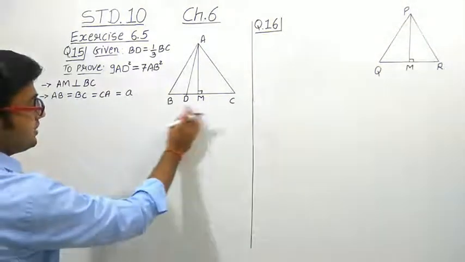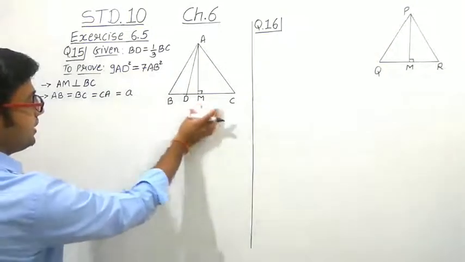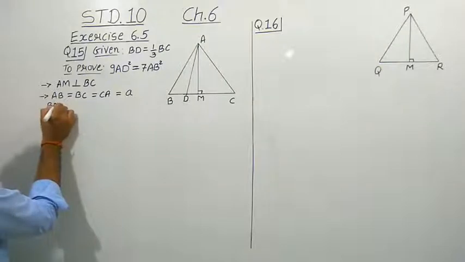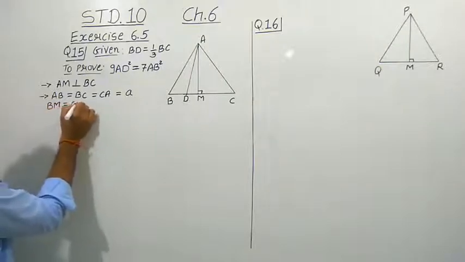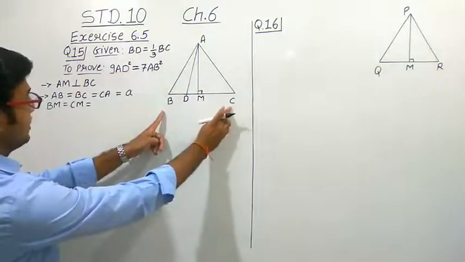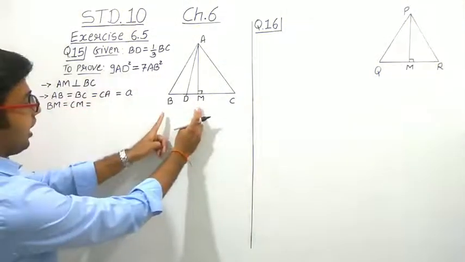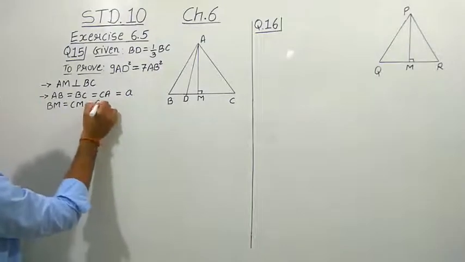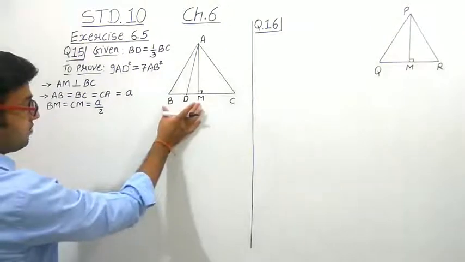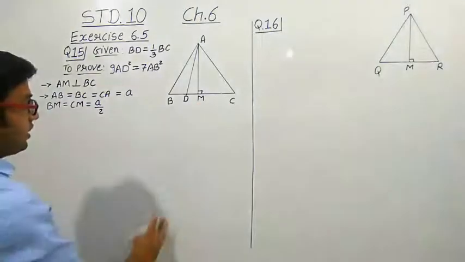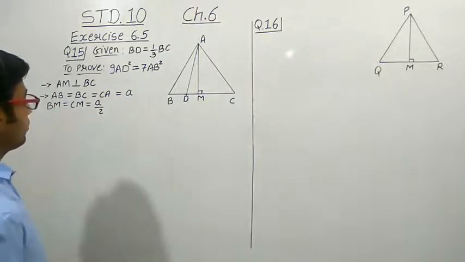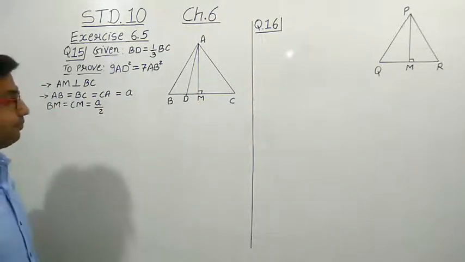So this BC is divided into two equal parts, BM and CM. So BM and CM will become equal. What are their values? If the total BC is a, then half of it is a upon 2. So BM and CM are equal to a upon 2.